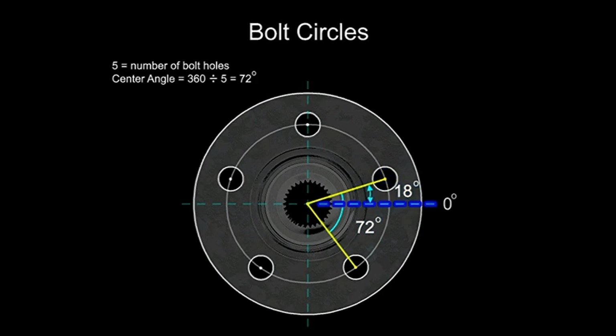Therefore, the angle between the x-axis and the third hole is 18 minus 72, which is negative 54. So the third hole is at an angle of negative 54 from the x-axis. The value is negative because it goes below the x-axis.